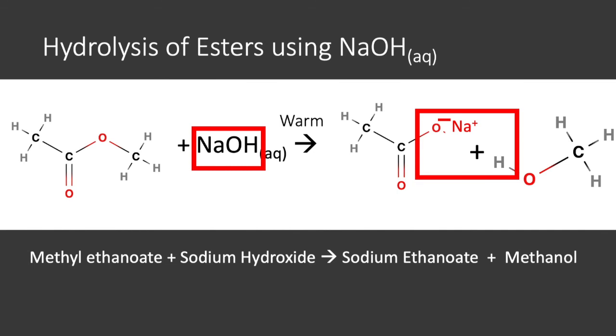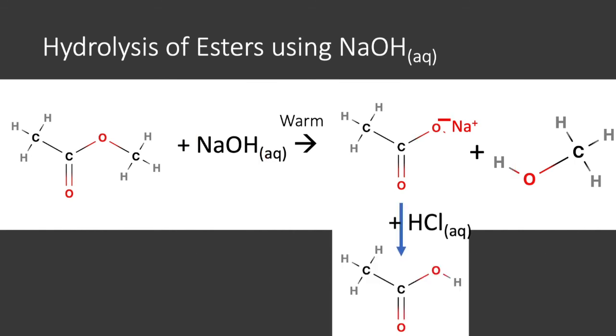And you can see how the Na and O add to the acid and the H adds to the alcohol. And so rather than producing ethanoic acid, we now produce sodium ethanoate. So in order to make the acid, we need to add some HCl to protonate the acid to get that back. So that involves two steps.